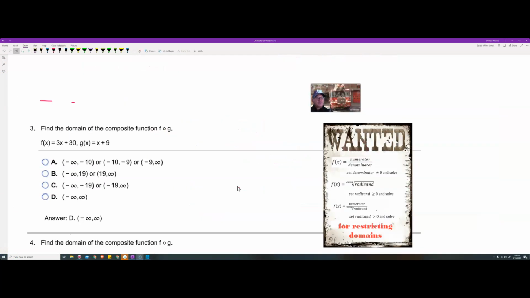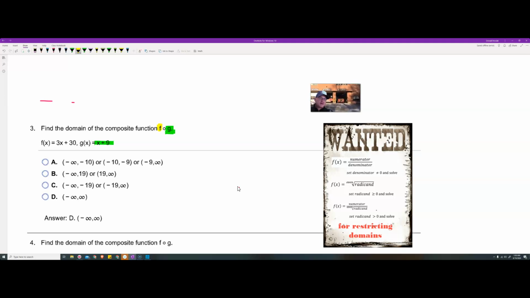All right, number 3, find the domain of the composite. To find the domain of the composite, we have to figure out what the composite is. I'm doing f of g, so g is my inside function, my inner function. That's x plus 9. f is my outer function.